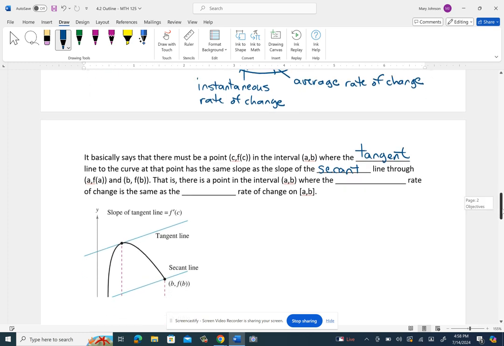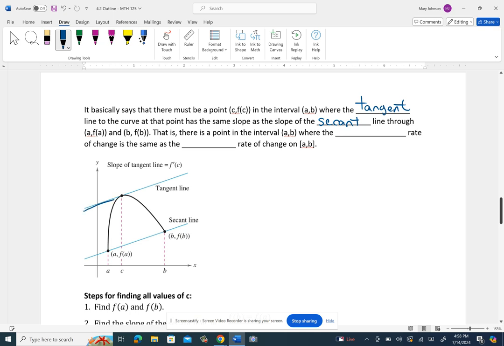Okay, so look at this picture for a minute. Here's your tangent line, has the same slope as the secant line through those endpoints.